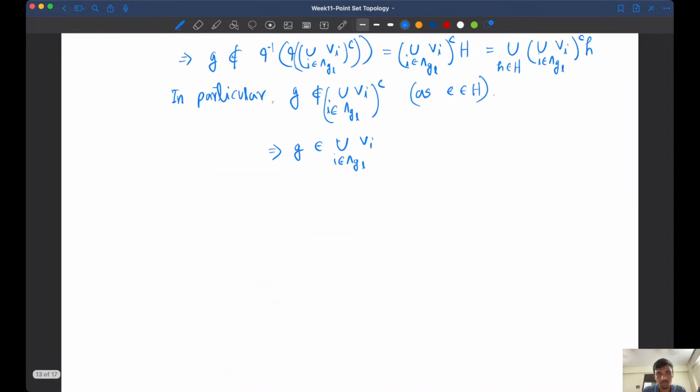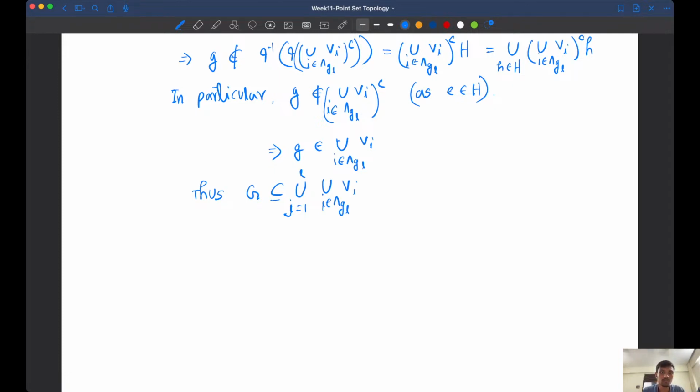Thus G is contained inside union over J equal to 1 to L, union over I belongs to lambda GL Vi, right?